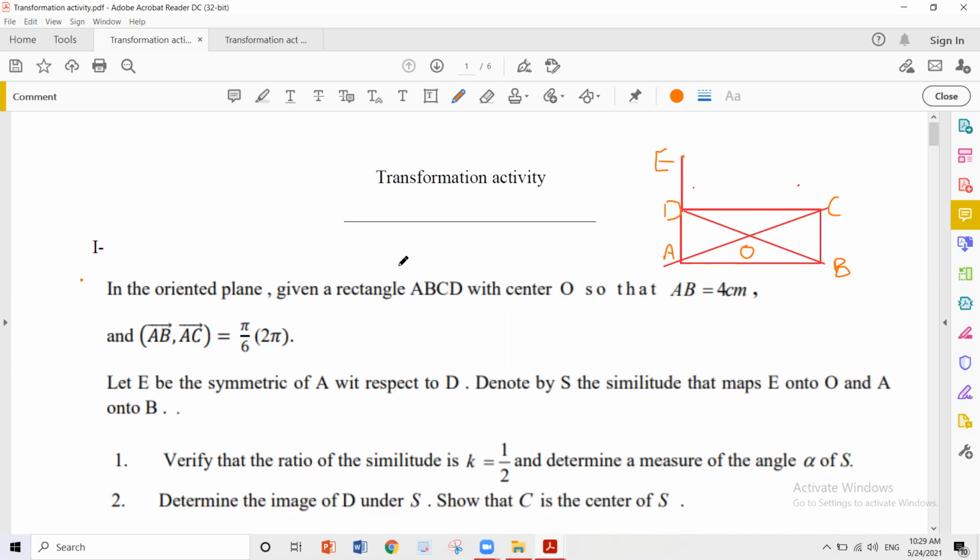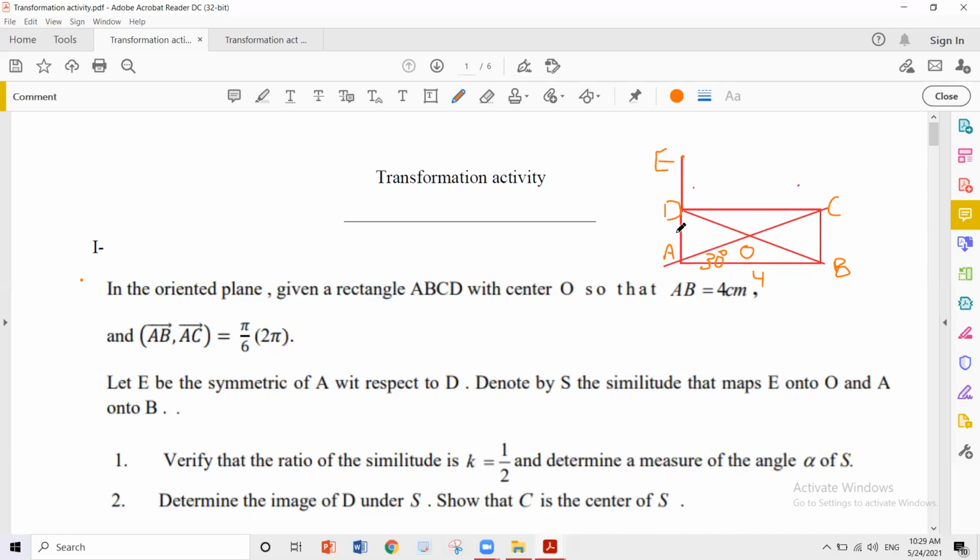Okay, let's start. In an oriented plane, given a rectangle ABCD, with AB equal 4, angle BAC is pi over 6, this is 30 degrees. So we have a rectangle ABCD, AB is 4, angle BAC is pi over 6.